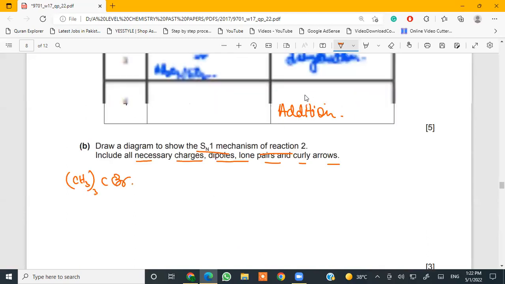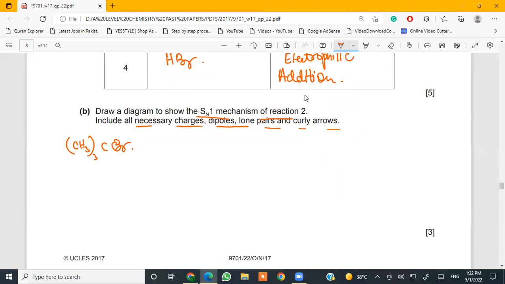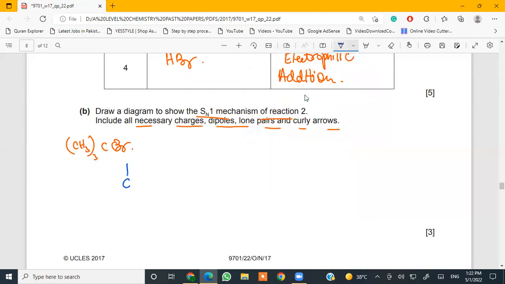Let's first write it in an expanded form. If you expand this formula, it will look like this: a carbon having 3 methyl groups and a bromine atom. Now this is a tertiary alkyl halide, correct?